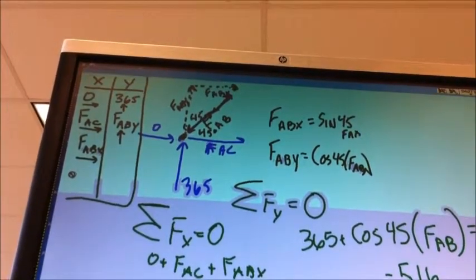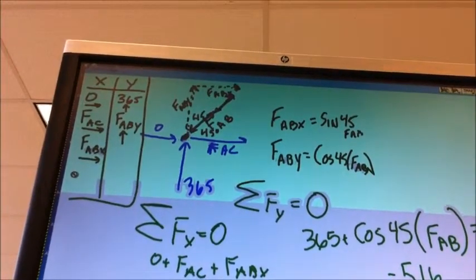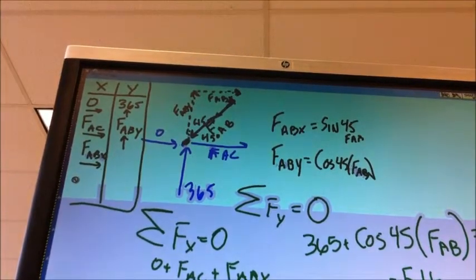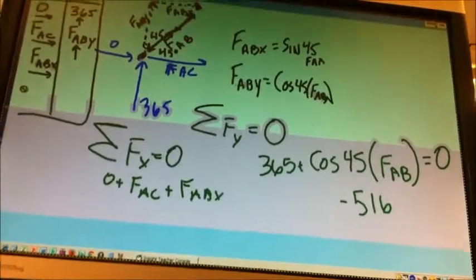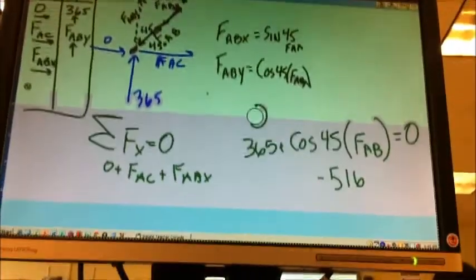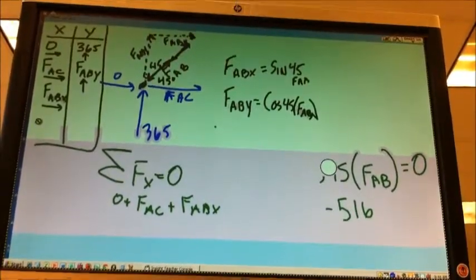So we know what FABX is. We solved for it right here. It's sine of 45 times FAB.